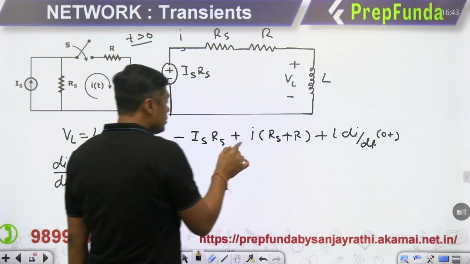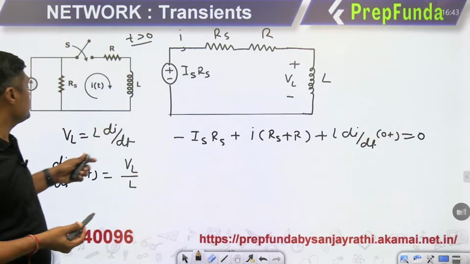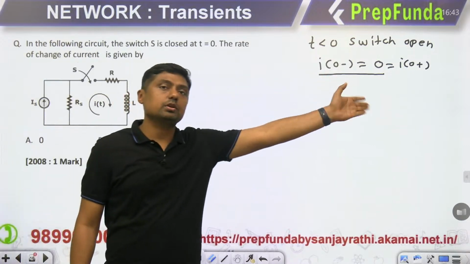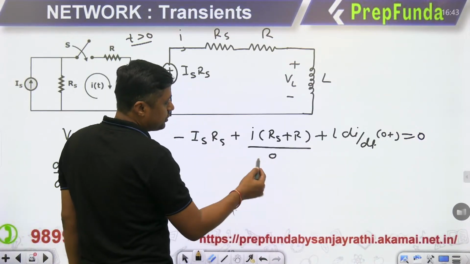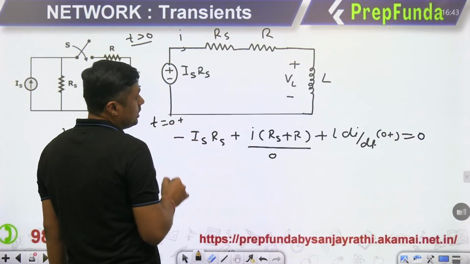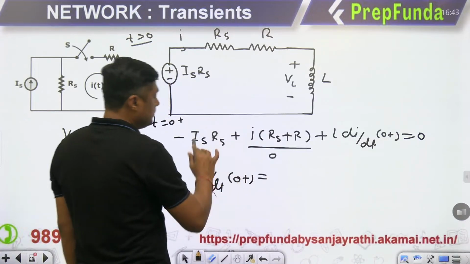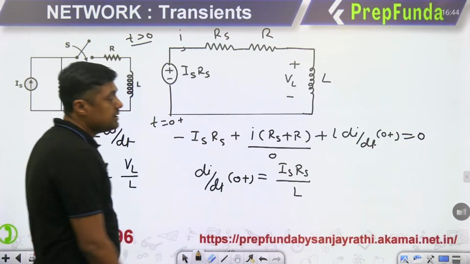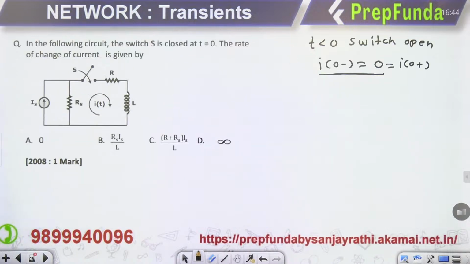So exactly at 0 plus, what is the value of i? 0, because initially it is unenergized. We have already calculated the initial current is 0, and that's why this term will become 0 exactly at t equal to 0 plus. Now what is di by dt at 0 plus? It will become, on the right side, Is Rs upon L. Is Rs upon L. B is the answer for this question.